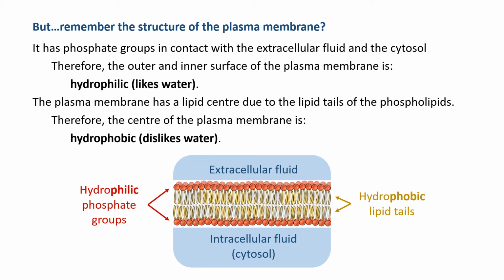If you've ever put a greasy pan in a bowl of water without too much detergent, you'll notice what happens. The lipid separates out. It doesn't like water. It's not soluble in water. So we have a hydrophilic outside and inside, and in the middle of those two areas, we've got a hydrophobic area.